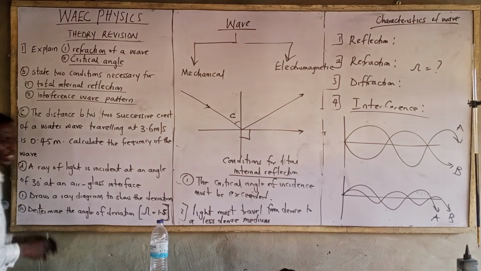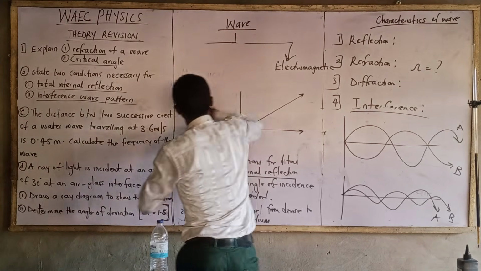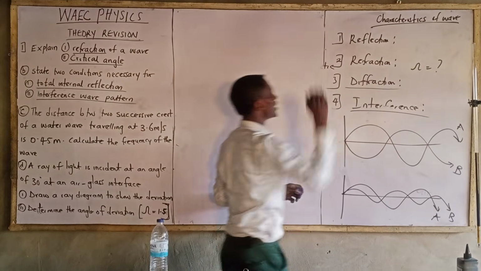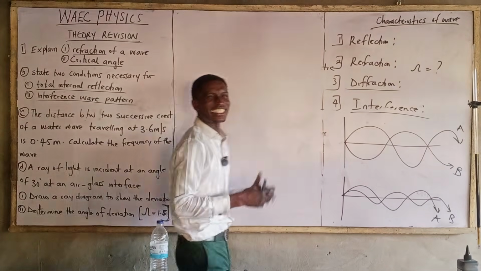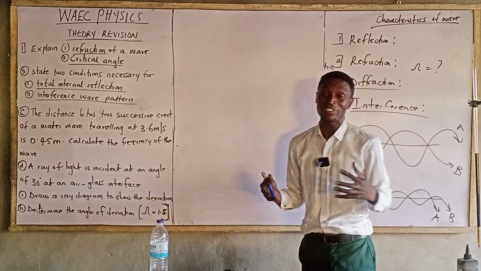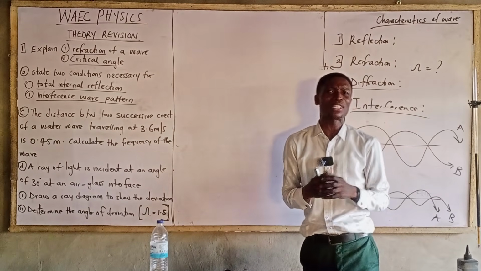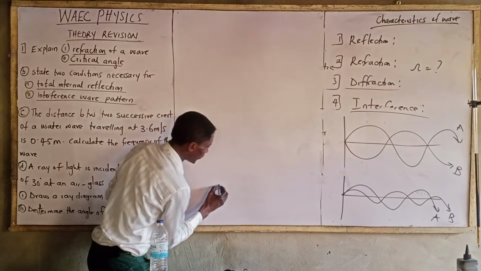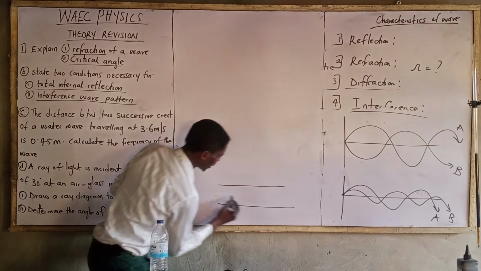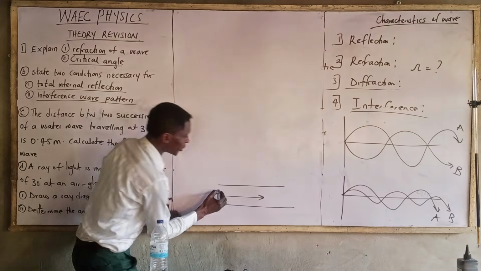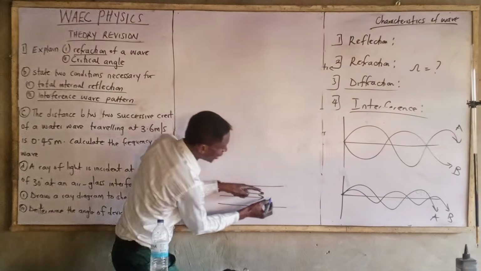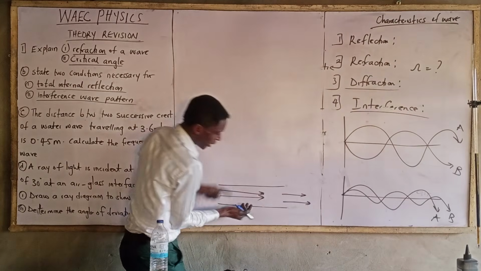So we'll move to the next question, very quickly. I think I haven't come to this one. Diffraction here talks about the tendency of a wave to bend around an obstacle. For example, if you have an obstruction this way such that there's a flow of water within that space, then at the outlet here, you don't expect the water to go directly straight as it was here.